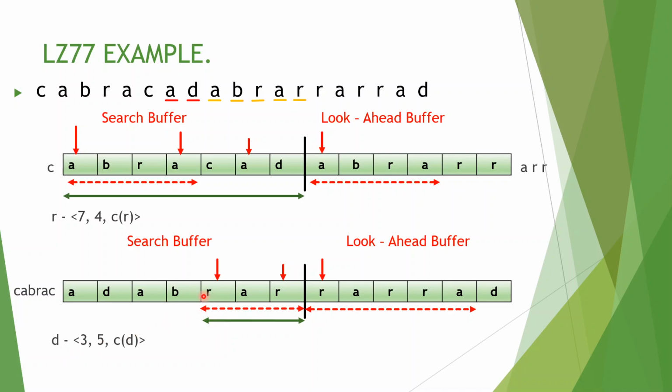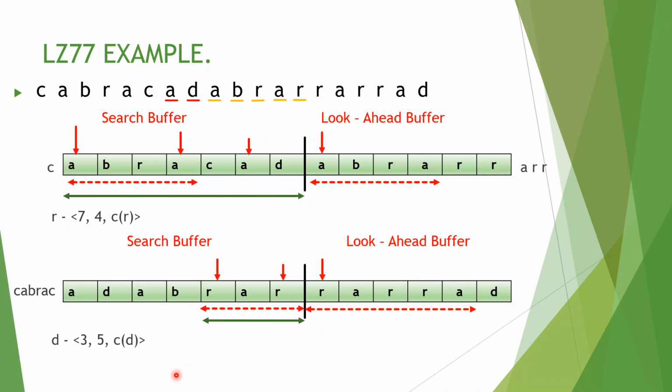Why? From the search pointer to the look ahead buffer the distance is 3 and the length of match is 5. Here we consider this length of match 5, and our code word is what? C of D. So move those 6 symbols from the look ahead buffer into the search buffer.